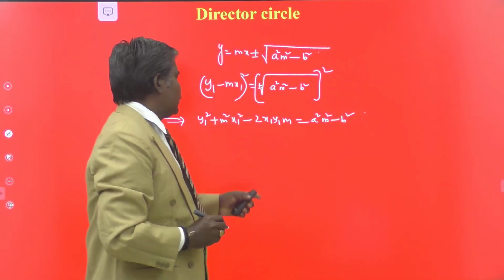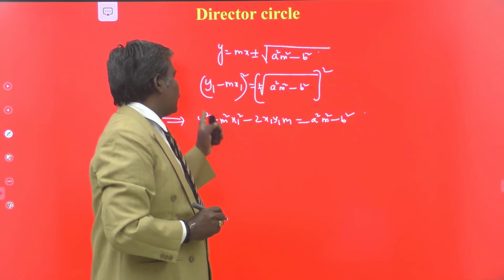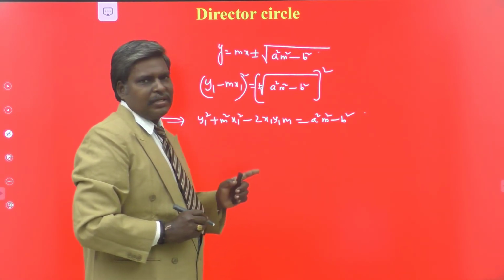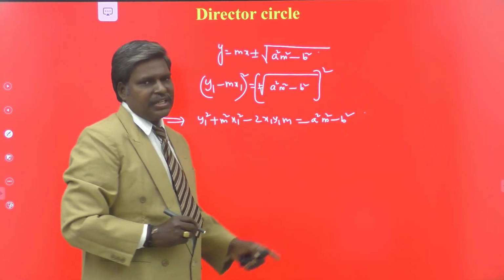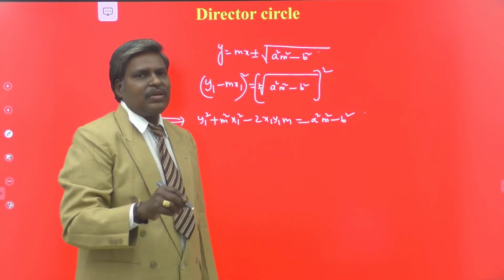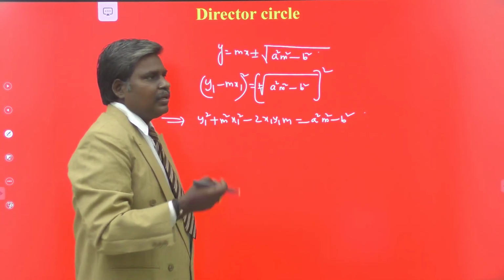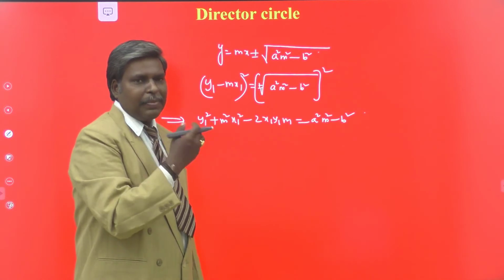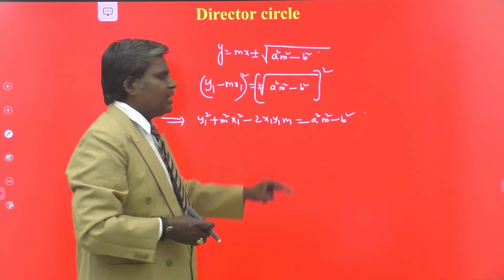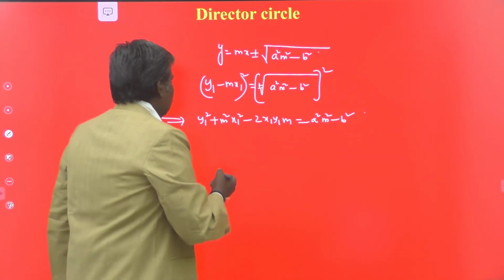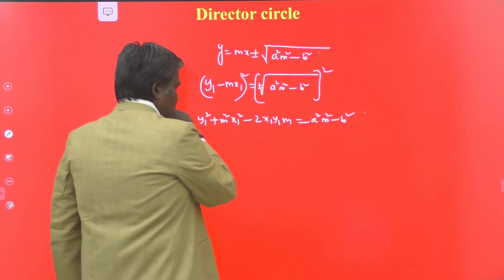Now my question is, is it quadratic in y1 or m or x1? Clearly it is a quadratic equation in m, because x1, y1 is your point of intersection of the perpendicular tangents. The only varying quantity here is m.